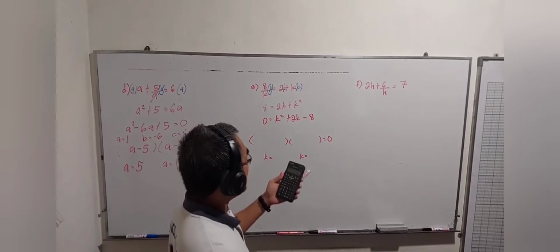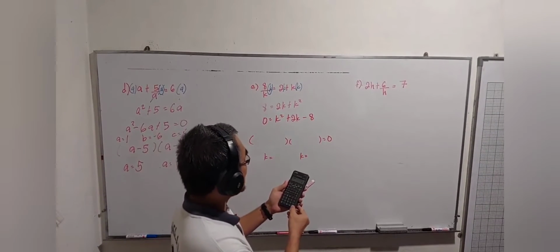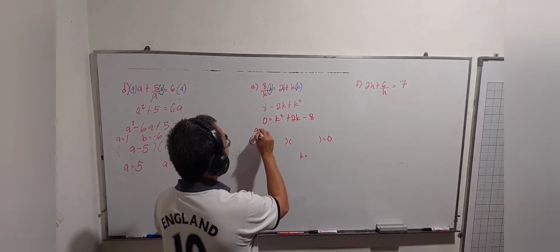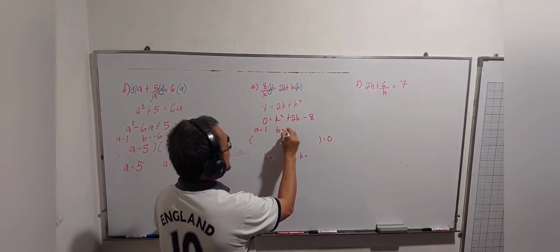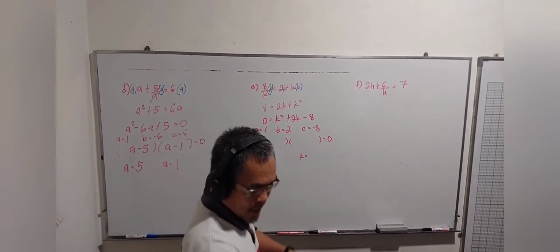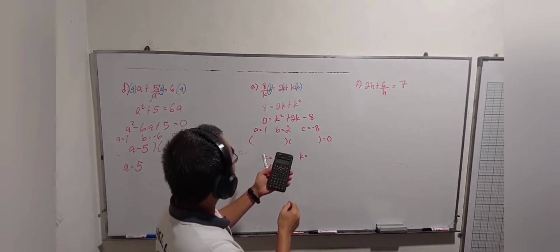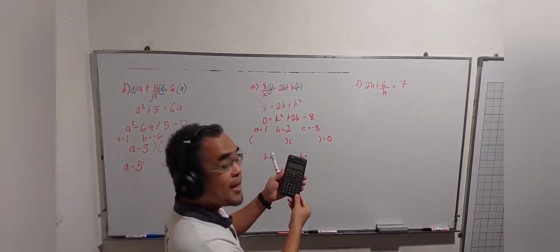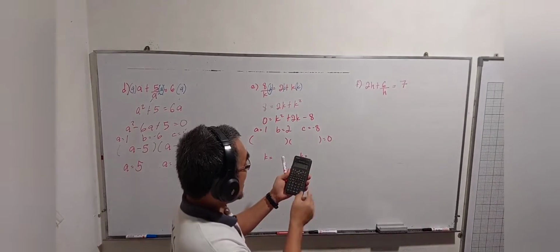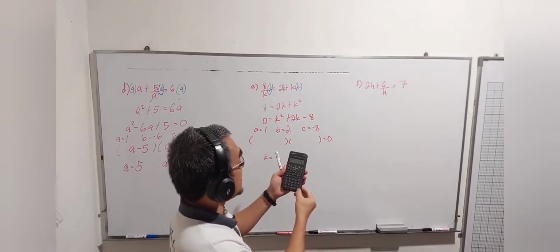Okay, and I'm using the function we had just now. Before that, I should write down A equals 1, B equals 2, and C equals negative 8. So then just put in the value that A is 1. Since the previous value is 1 also, I have A equals 1, I just press equal.